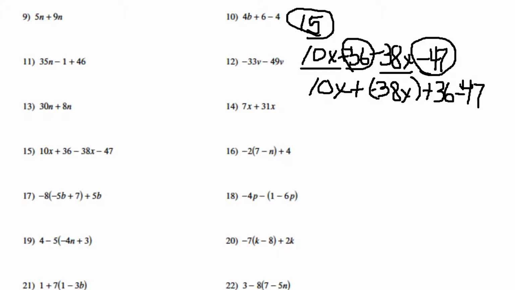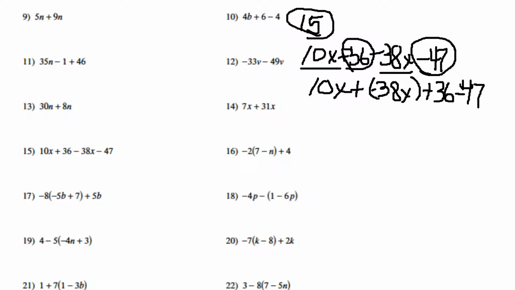So 10x plus a negative 38x. They have different signs, so we're going to actually be subtracting instead of adding. Remember our little song, same signs add and keep, different signs subtract.